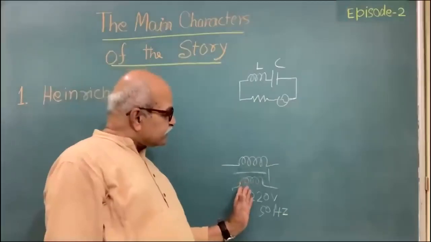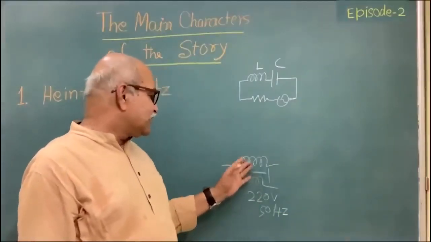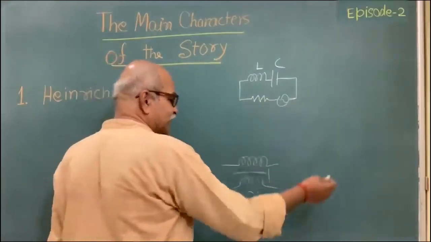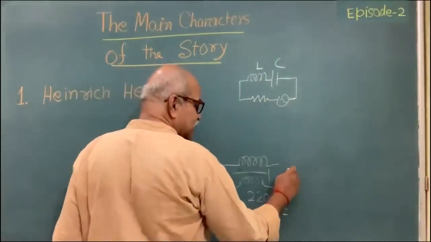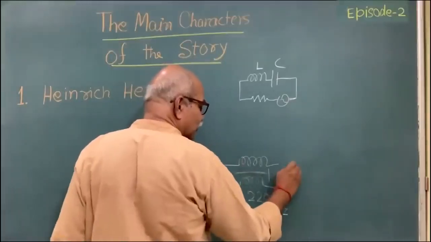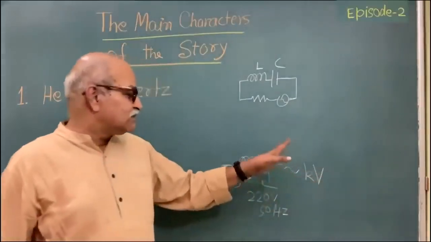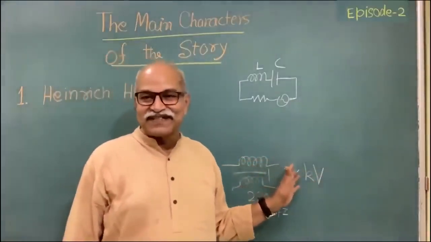But this is a step-up transformer, and it gives here a voltage which is quite high, let us say some kilovolts, 6, 10, 20, 30 kilovolts. So several kilovolts, minimum say 5, 6 kilovolts.